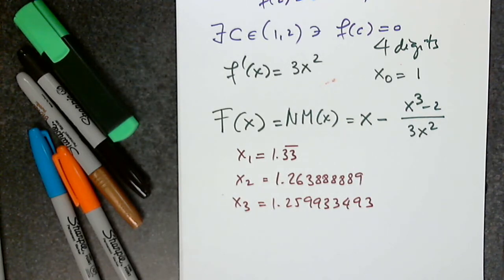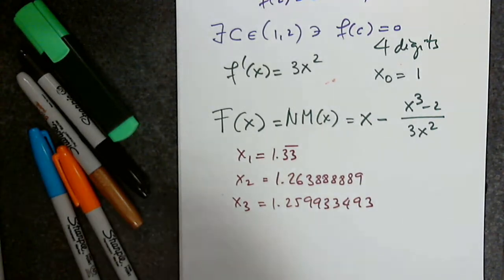Now the calculator will plug in the previous answer, and I'm done, because I see 4 digits already repeated. So I don't have to write x4. So the answer, with 4 digits as we discussed, for the approximation of the cube root of 2 is 1.2599. So this is it.